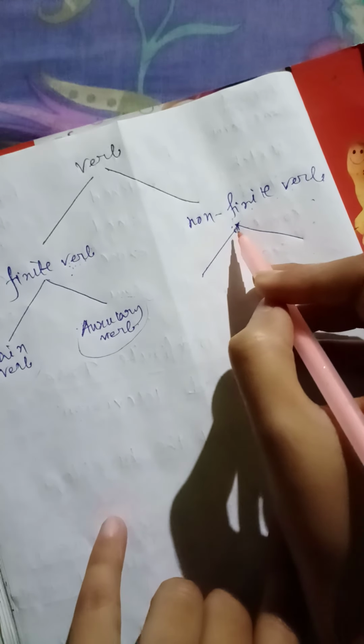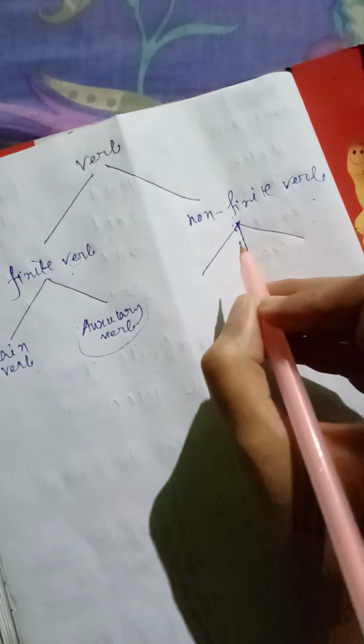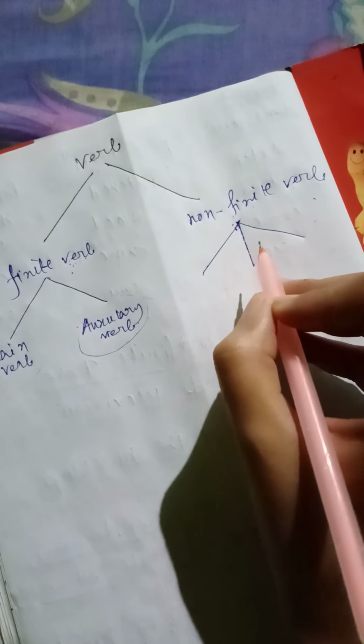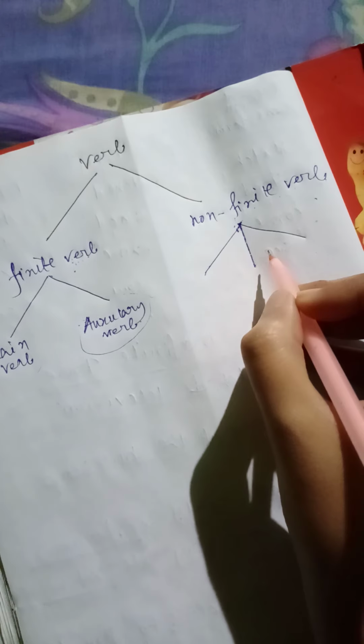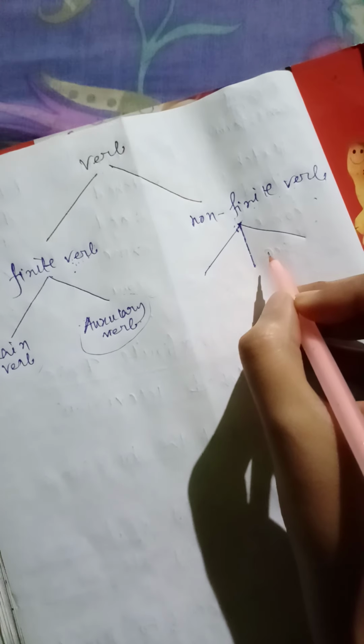Let me make it more clear. A non-finite verb is a verb form that does not show tense. In other words, you cannot tell if a sentence is in the past tense, present tense or future tense by looking at a non-finite verb. Clear?